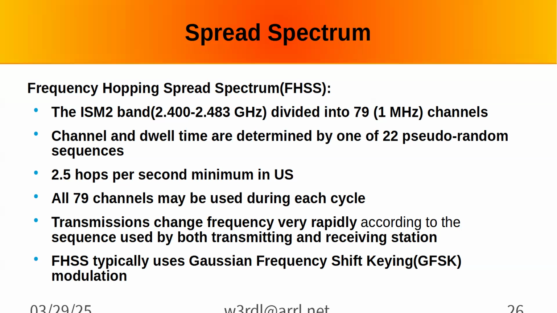So it doesn't give you a whole lot of time to try to capture what it is. And this is again where they use that Gaussian frequency shift keying modulation. I don't know what that really means, but it sounds important. It's not in red, but it could be that just when I brought the chart in, everything converted to black.